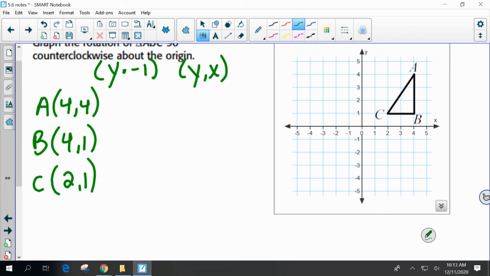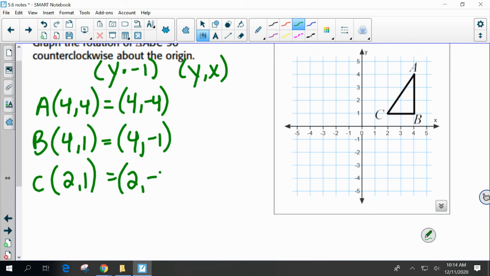So the first thing I'm going to do is multiply my y value times -1. So 4, -4; 4, -1; and 2, -1.